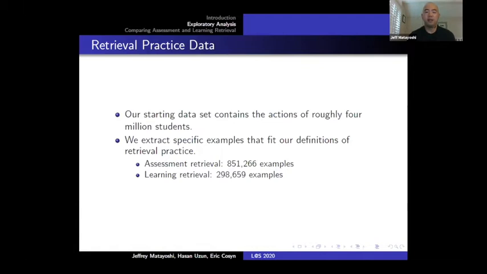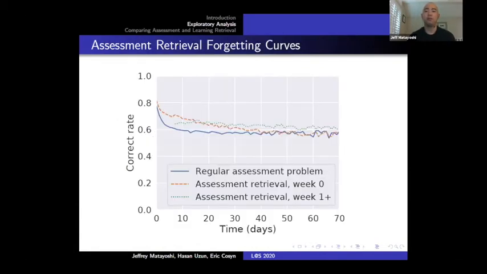To evaluate them, we're going to look at the forgetting curves of these examples. Let me explain what's going on here. On the x-axis, we have the time in days since the topic was first learned. The y-axis is the correct answer rate, how often they answer correctly when they get the problem on the assessment. The solid blue curve is our baseline curve, which is what happens before retrieval practice occurs.